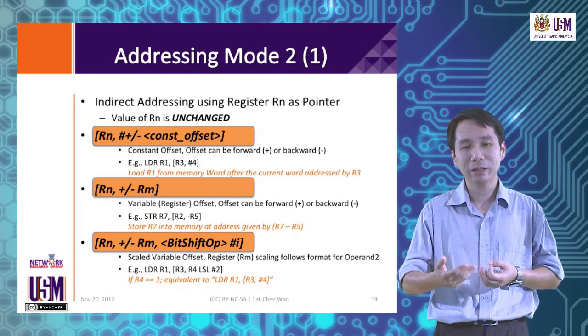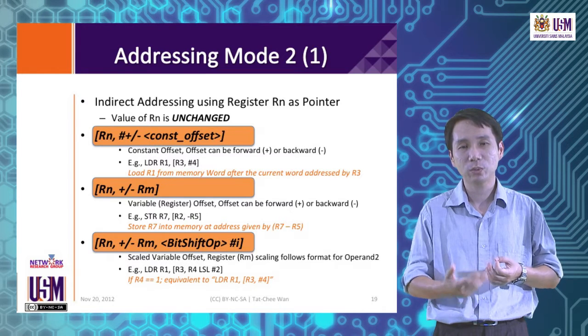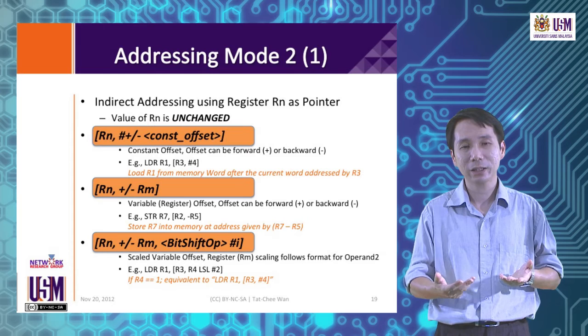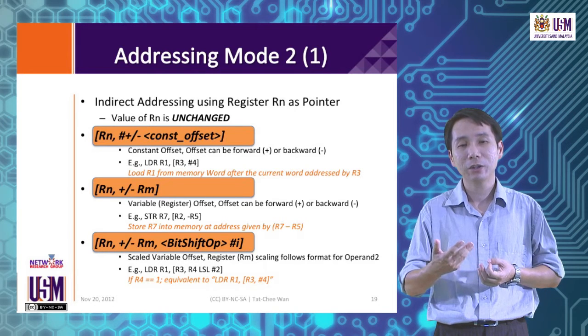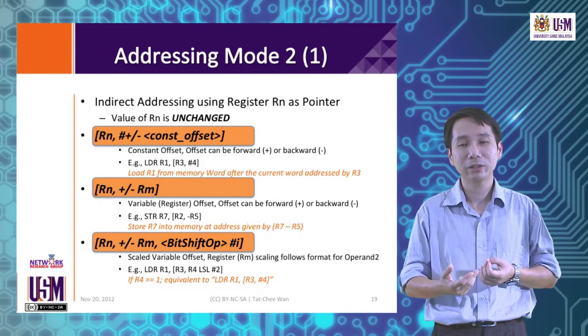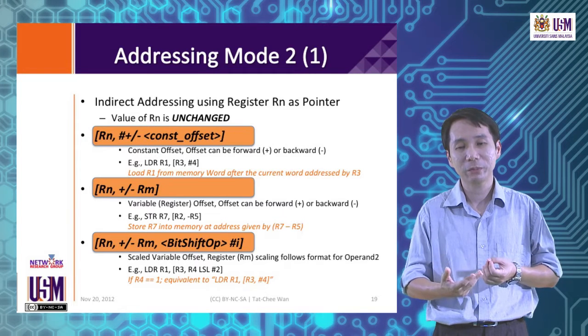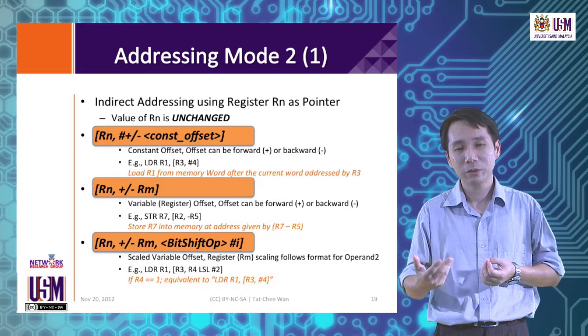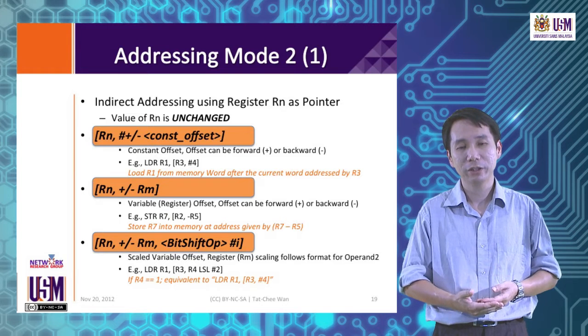Now if we set the value in register R4 to 1, this will be equivalent to the first instruction we looked at, LDR R1, open square bracket R3, #4, which is 4 bytes away from the current address given in R3.